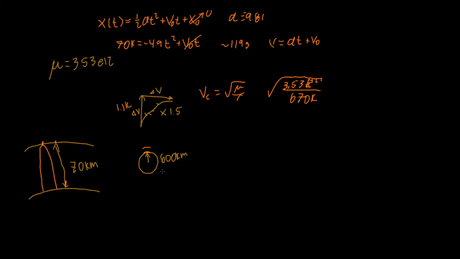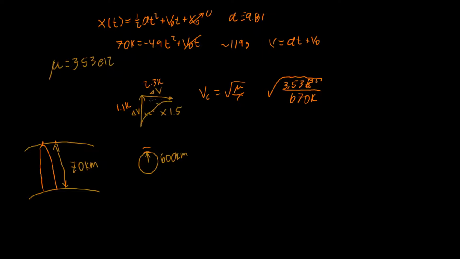So the square root of 3.53 E12 over 670 E3, and we've got 2,300 meters per second this way, 2.3K.